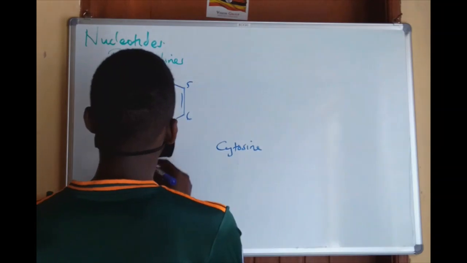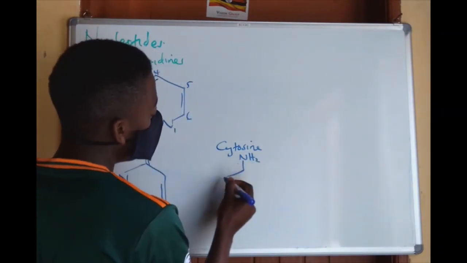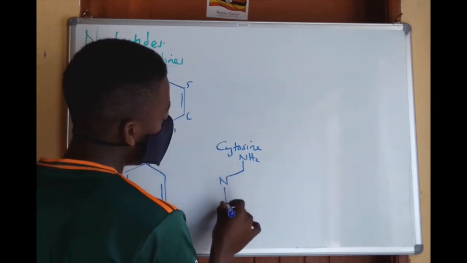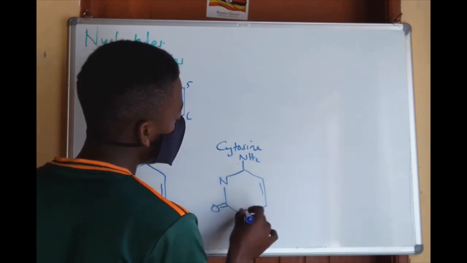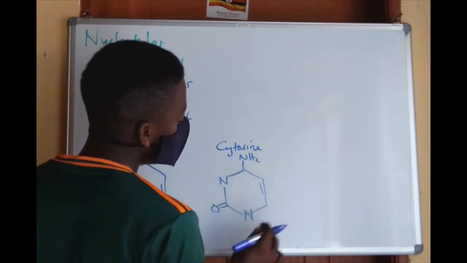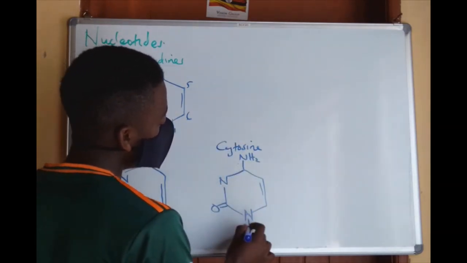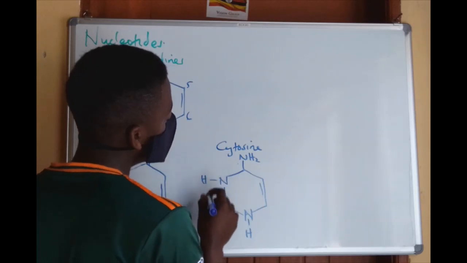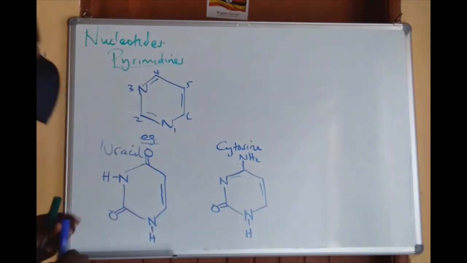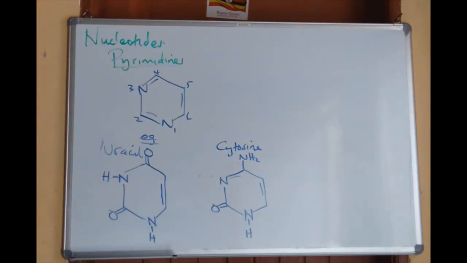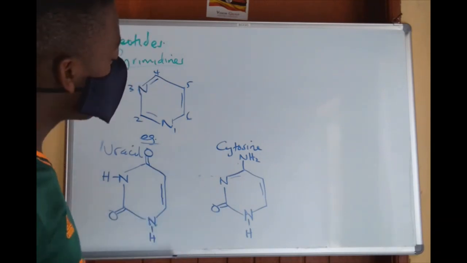This oxygen is replaced by the amino group, such that this one will stay there, and we shall have our cytosine like that. You don't need to have H there, we just create a double bond like that. You get it?